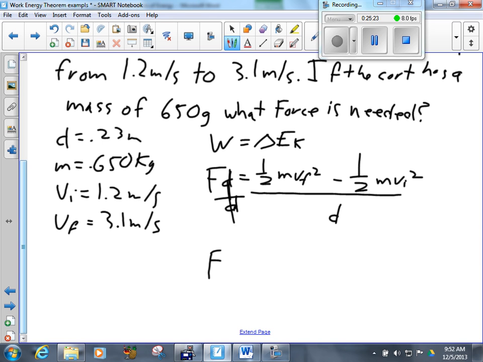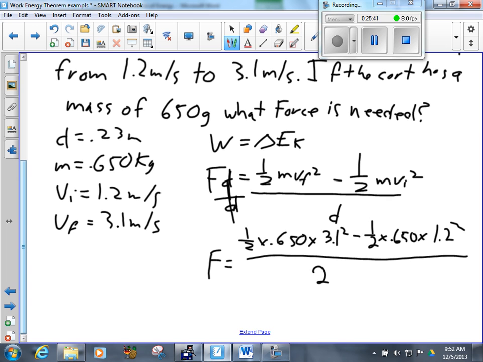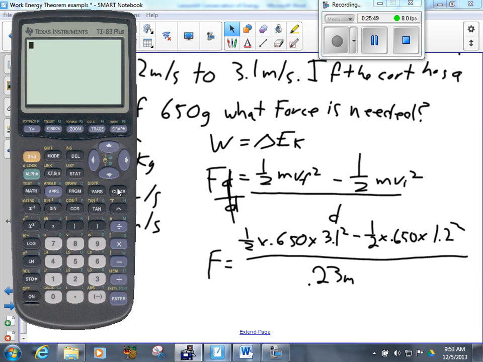So force is going to equal 1/2 times 0.650 times 3.1 squared minus 1/2 times 0.650 times 1.2 squared, over 0.23. So we got 11.5 newtons of force.